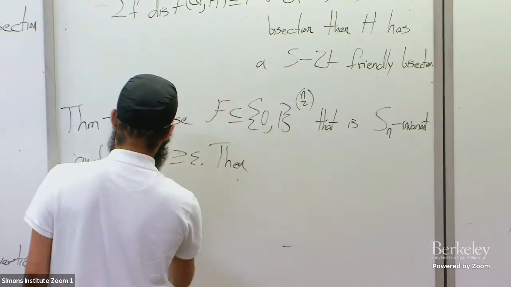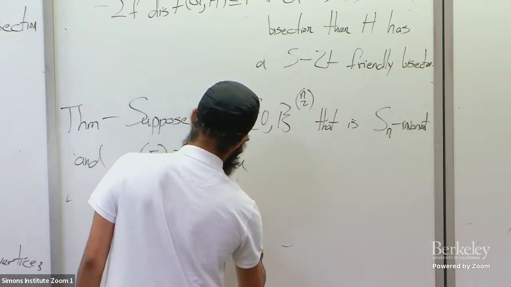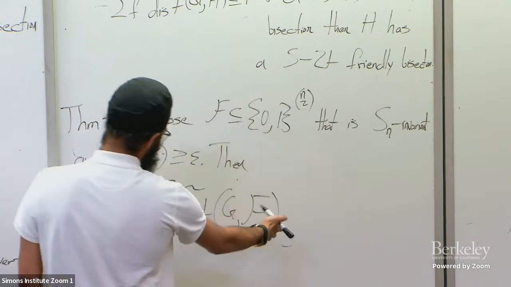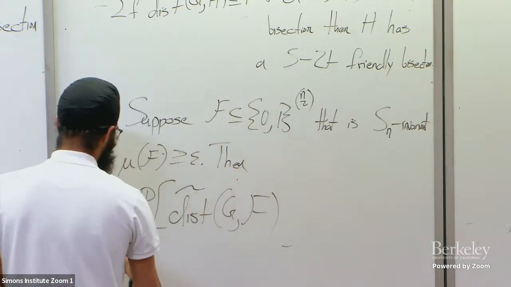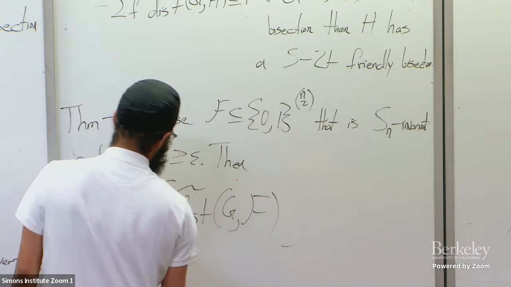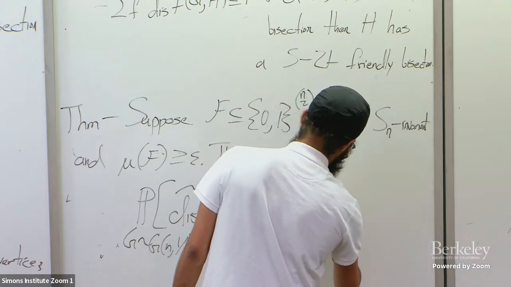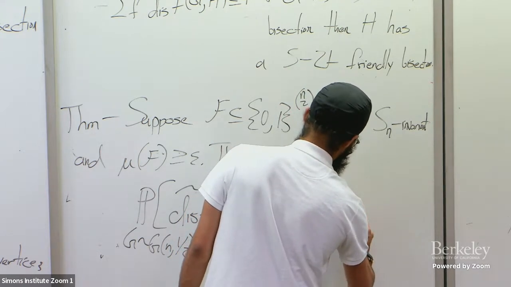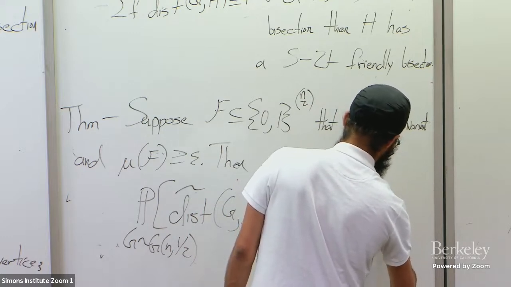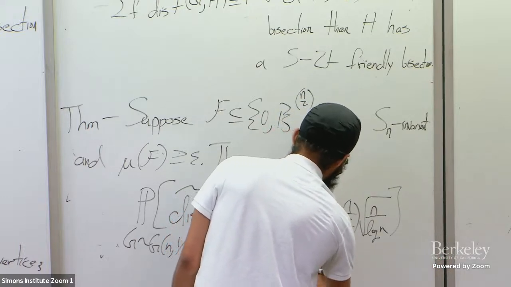Then the probability that dist tilde of G from the family F, so here I just mean the minimum distance to something in the family, where I sample G from G(n, 1/2), is greater than C log(1/epsilon) square root n over log n, is less than epsilon.